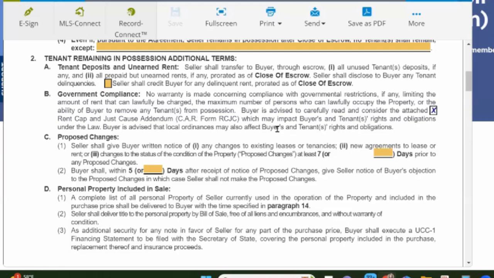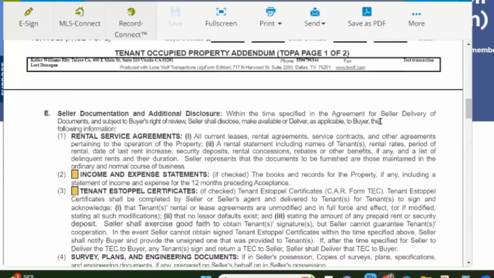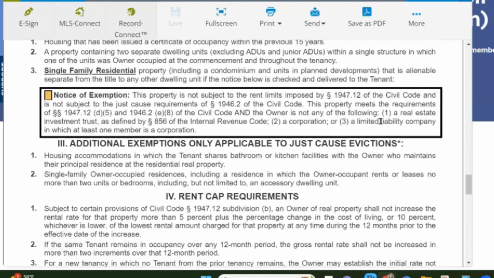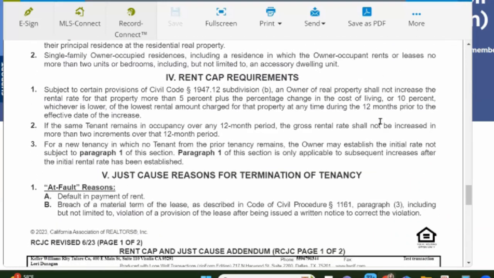So government compliance. This is saying that the buyer is advised to carefully read and consider the attached rent cap and just cause addendum, which may impact the buyer's and tenant's rights and obligations under the law. So we cannot uncheck this. There's no way to give them this form without giving them this second form. It doesn't let us. And what this rent cap and just cause addendum says is that there are certain scenarios where the rent is capped and you can only raise it so much.